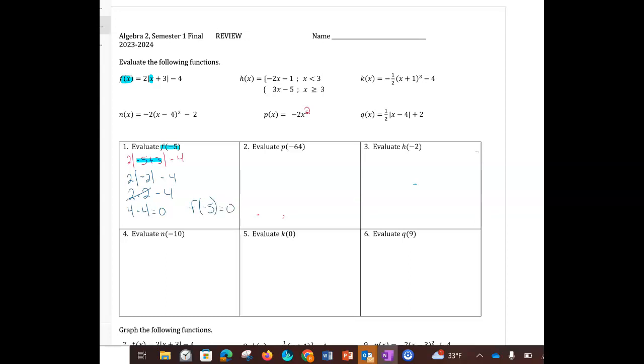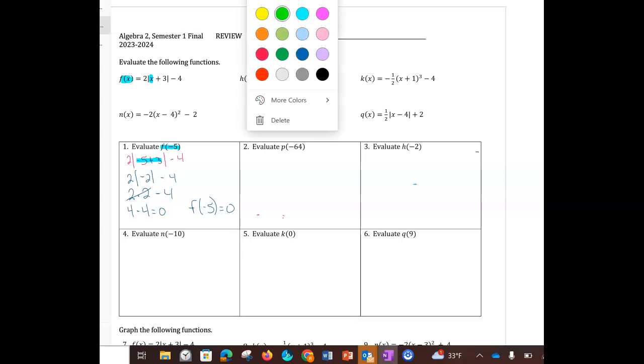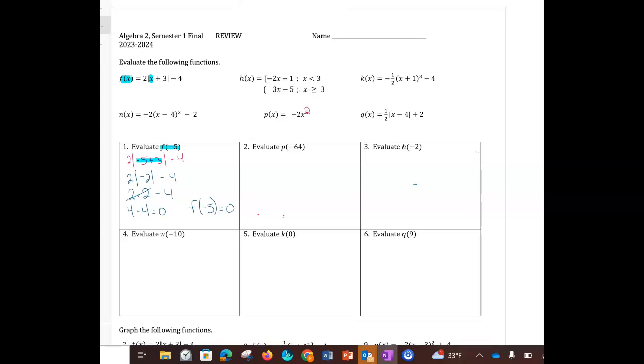If we look at the next function, or problem 2, we're supposed to use p, which we did make the change to. So this x right now is going to get that negative 64. All right, so from here, parentheses, there's just a number in the parentheses, just to make sure you realize it's a negative 64.